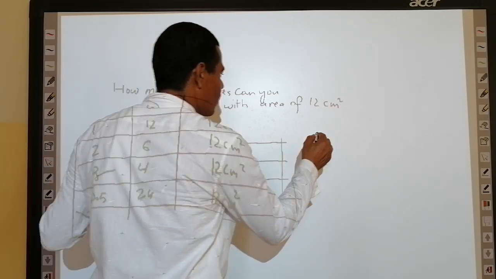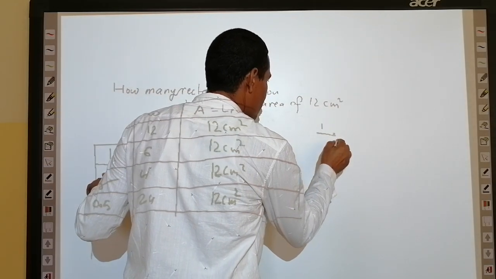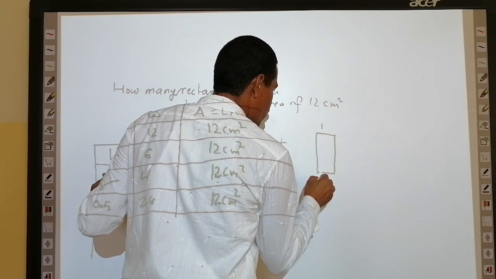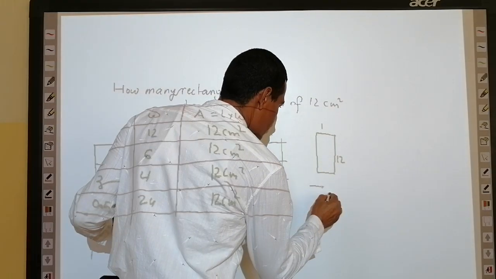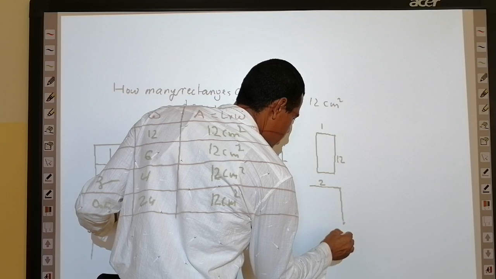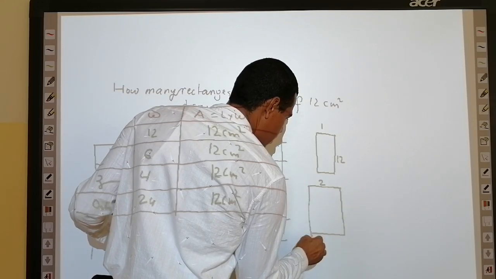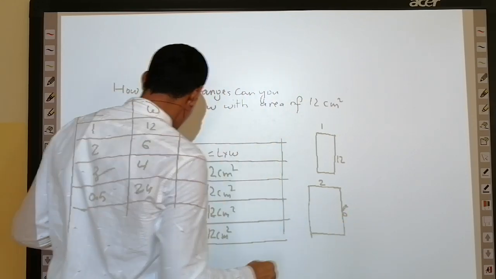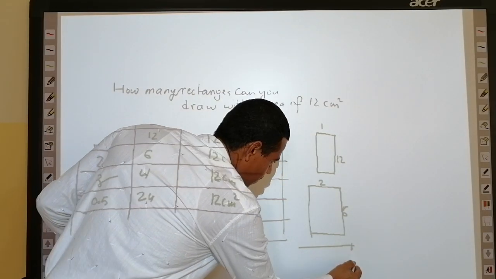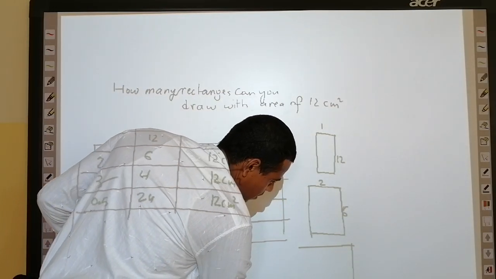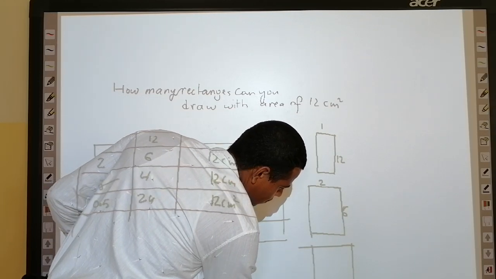Means what? 1 and 12: this is 1, my learners, and this is 12. The second one, 2 and 6: this is 2, this is 6. The third one, 3 and 4: this is 3, and this one is 4.